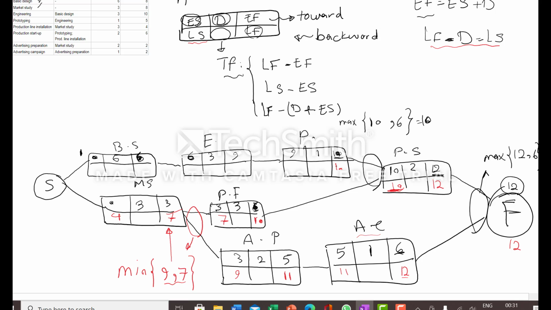For this activity, 10 minus 1 is 9. 9 minus 3 is 6. 6 minus 6 is 0. So it should be shown by the minimum of 3, 0 and 4, that is 0, and this is for the latest start. And we assume this project starts at 0.